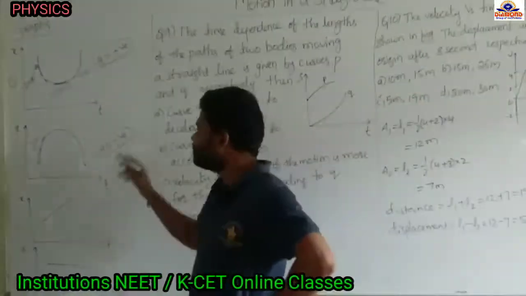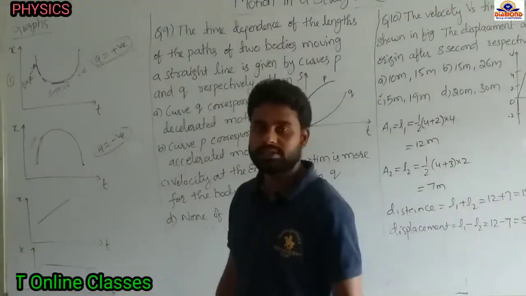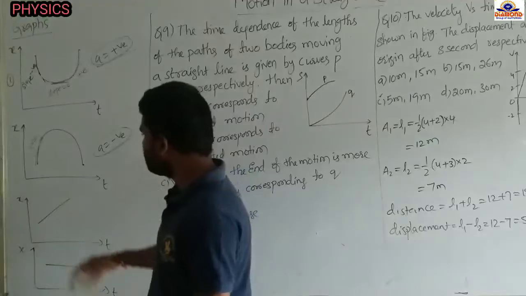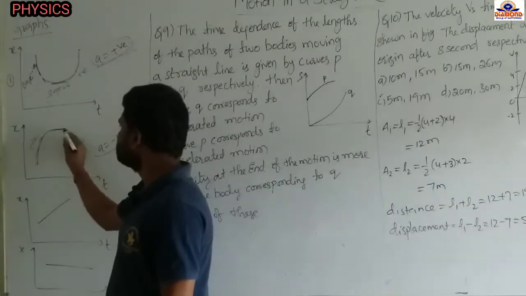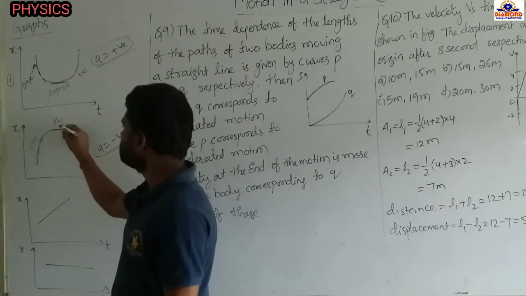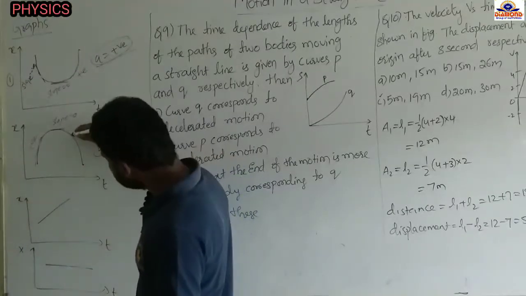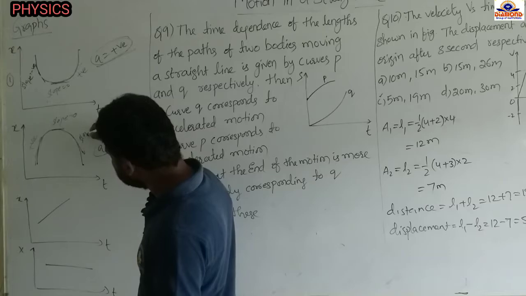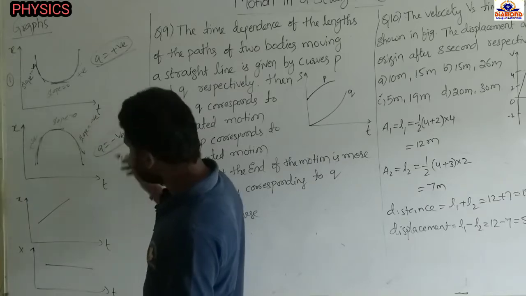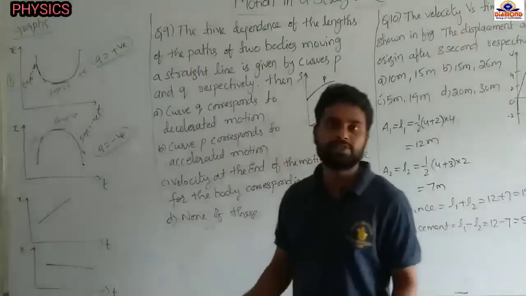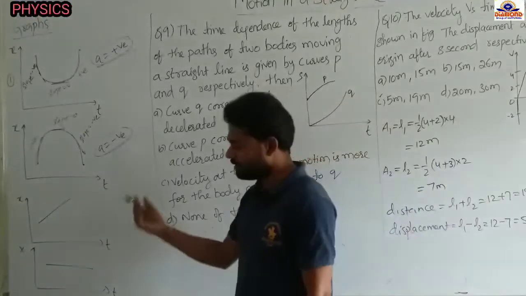Velocity is positive, acceleration is negative, opposite to each other. So velocity decreases gradually, and here the velocity becomes 0. Why? Because here the slope equals 0, and slope equal to 0 means velocity equal to 0. Next, in this case the slope is negative and acceleration is also negative, so both are in the same direction, an accelerated body.